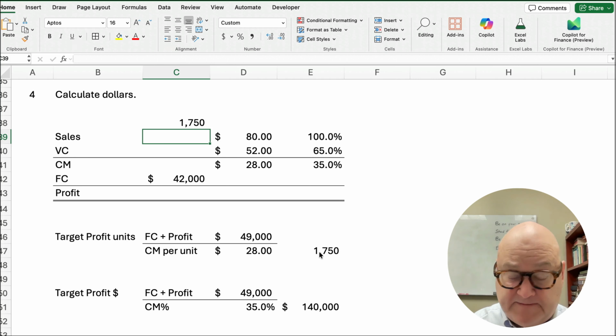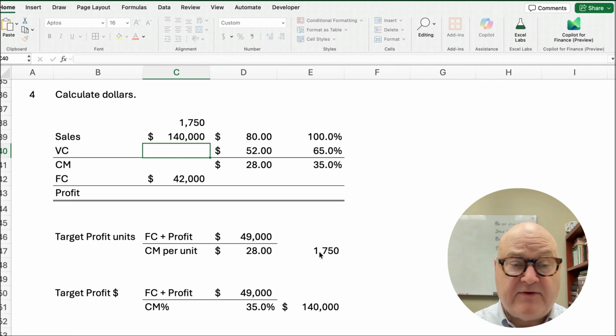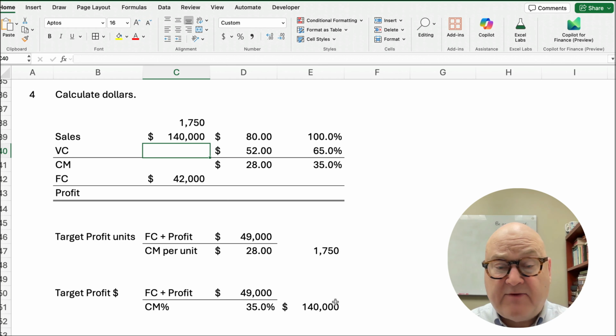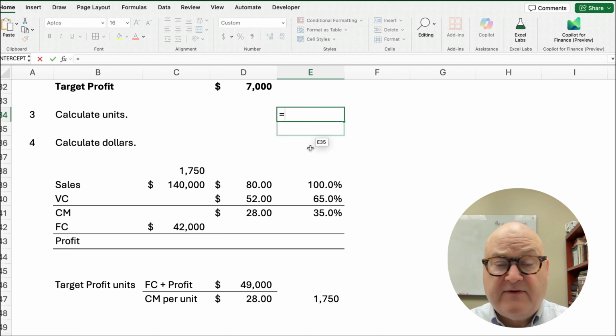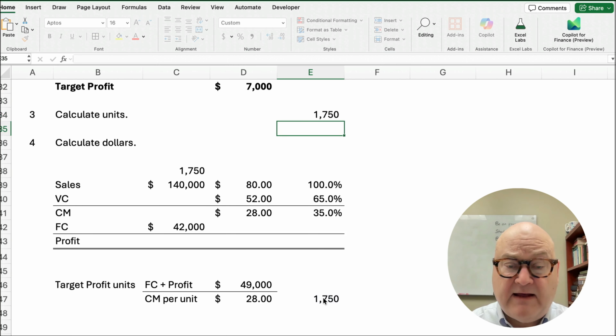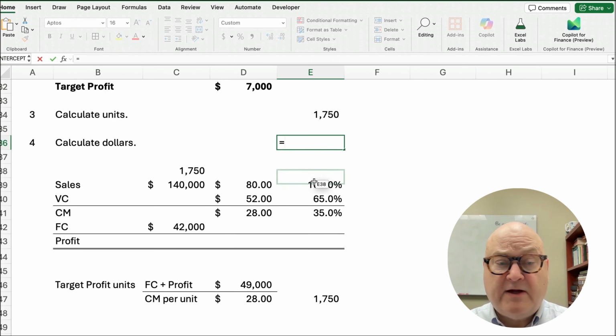Let's prove it. So 1,750 times $80 is 140,000. That's what we had right here. So by the way, let me drop the numbers here. 1,750 and the dollars are going to be 140,000.